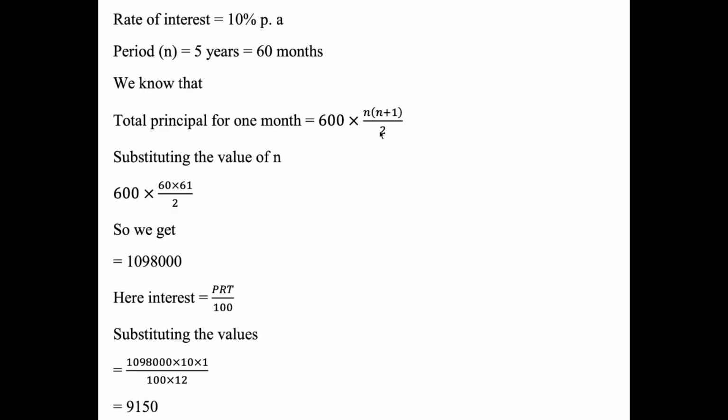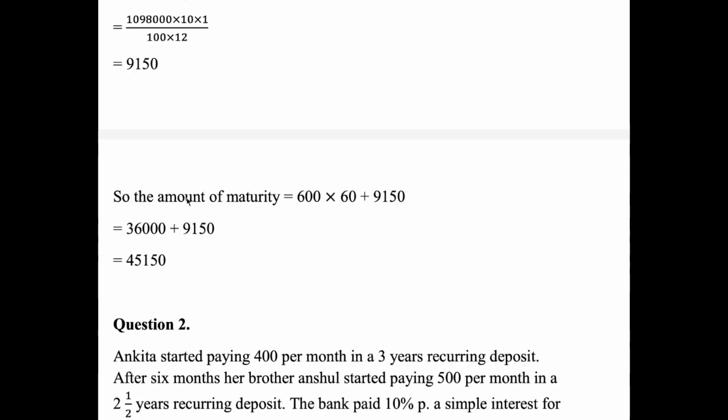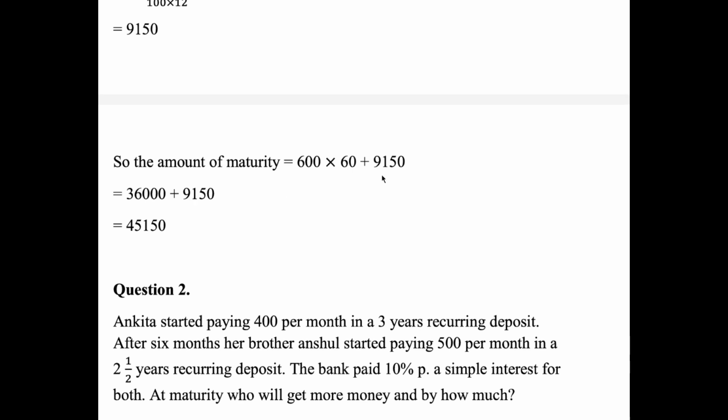After that, use the same formula. You will get total principal for 1 month. After that, use the same formula, PRT by 100. So amount of maturity will be 45,150. That is 600 into 60 plus that interest element.